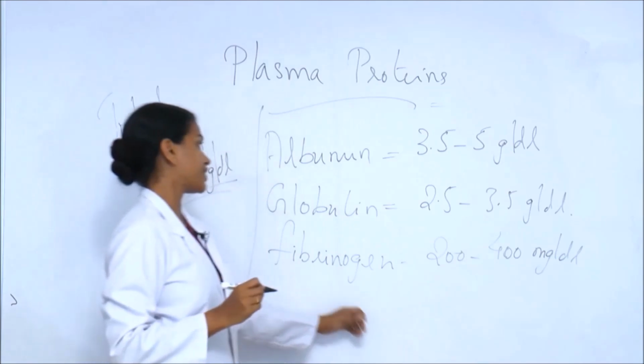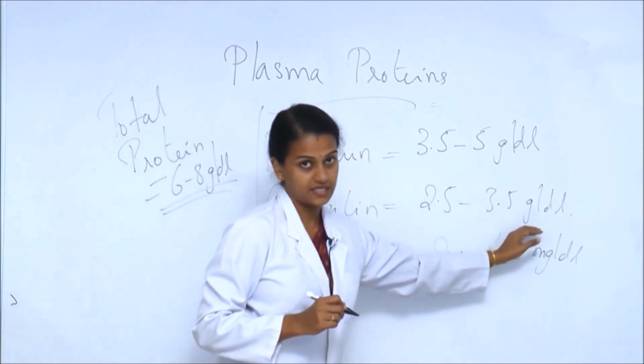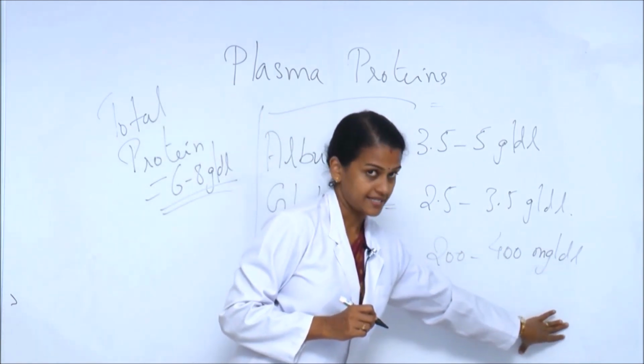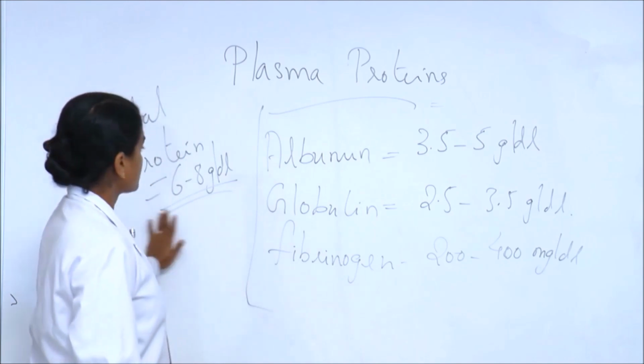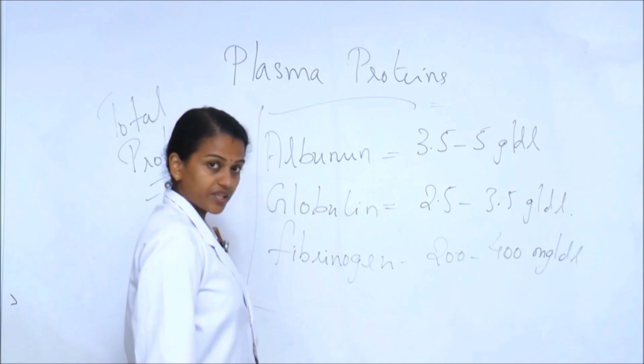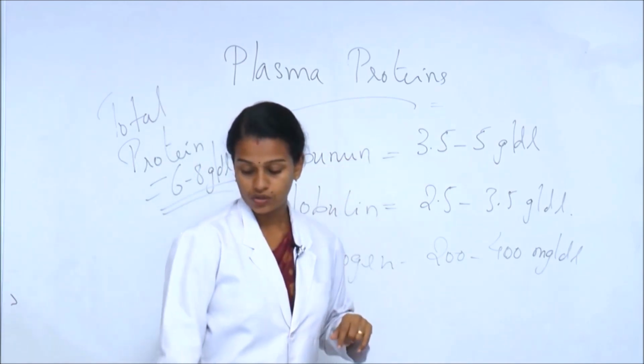Even though you express total protein, albumin and globulin in grams per deciliter, your fibrinogen is 200 to 400 milligrams per deciliter. These concentrations you have to remember always: total protein, which comprises albumin and globulin, values of these two also.